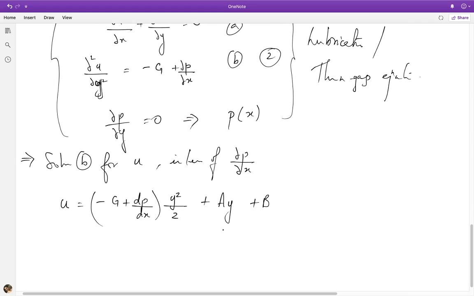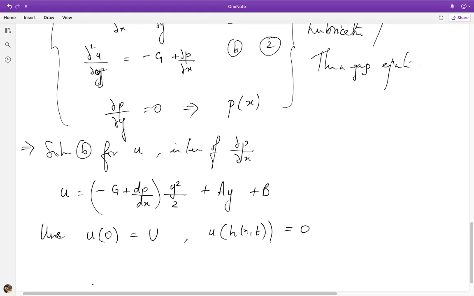Right? And now I can determine the unknown constants using the boundary conditions, right? That u at the bottom wall is basically equal to capital U, as I said, and u at the top wall h of x comma t. So I replace y equal to h of x comma t in the above equation, and the left hand side u must be equal to 0.